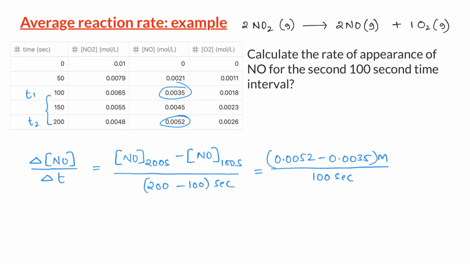nitric oxide concentration at 200 seconds, which is 0.0052 molar, minus nitric oxide concentration at 100 seconds, that is 0.0035 molar, divided by 200 minus 100 seconds.